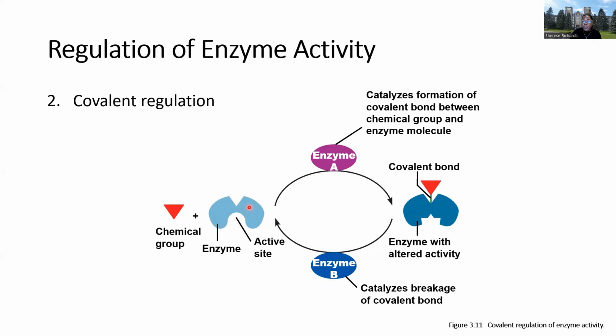So for example, it will catalyze the formation of enzyme A, and then enzyme A will, let's say, turn a reaction on. Now, the other enzyme here on the other side may break that bond, right? Let's say we broke the bond between the chemical group and the enzyme. That will generate enzyme B. And enzyme B will break the covalent bond, right?